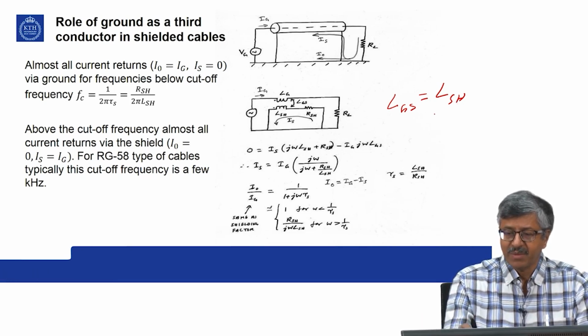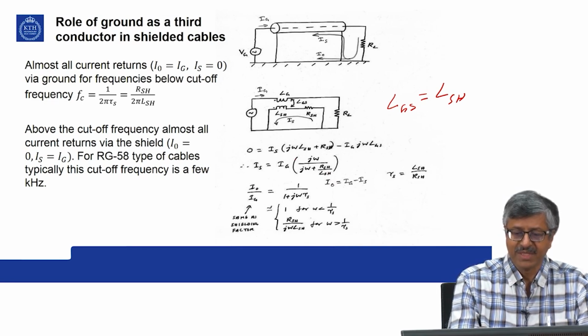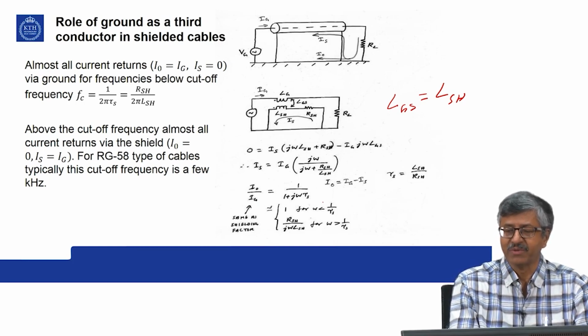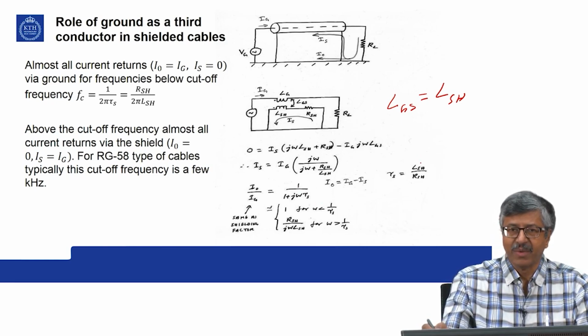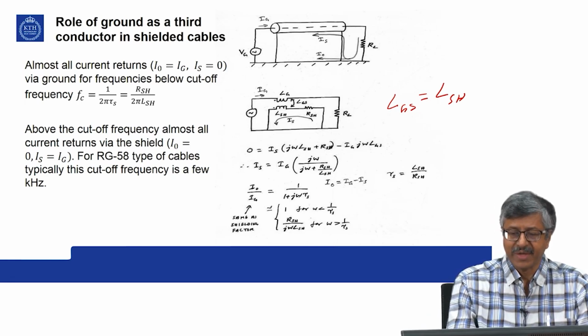With that simplification, we get I0 by Ig, which is the same as the shielding factor, equal to 1 by j omega tau s, where tau s is shield inductance divided by shield resistance.